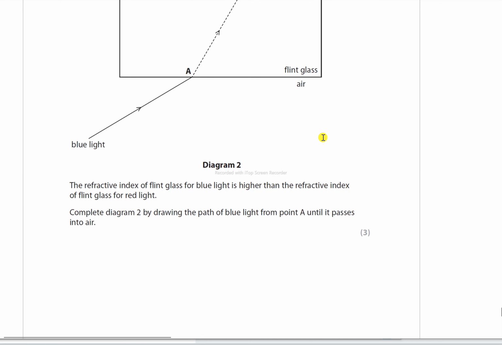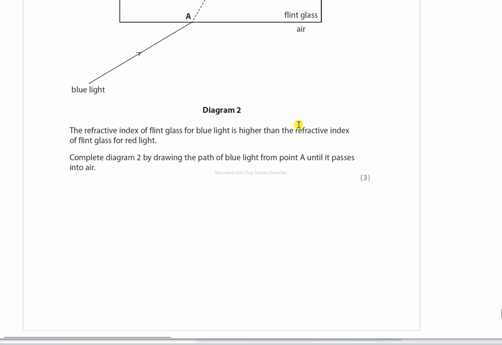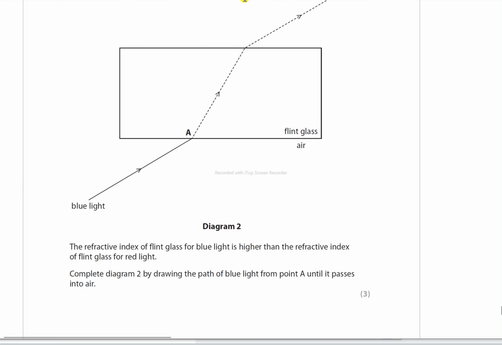So because it's higher, what's going to happen is you're going to draw, can I get away with this now? Let's try this. I hope it's right. Oh yeah, that's all right. Oh God, did I just do that?